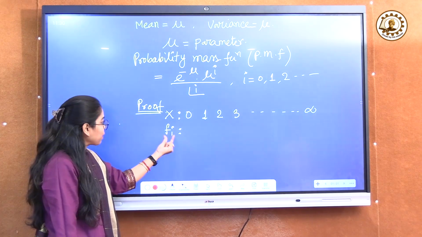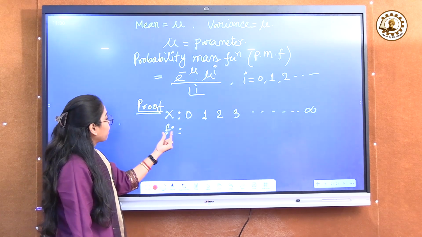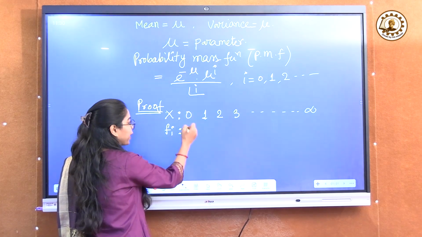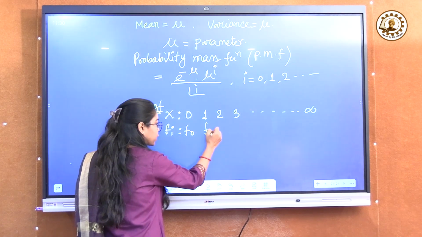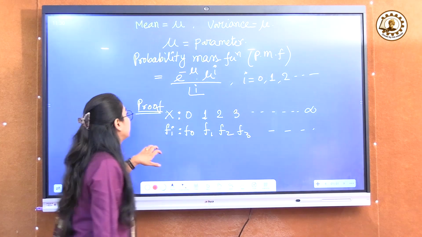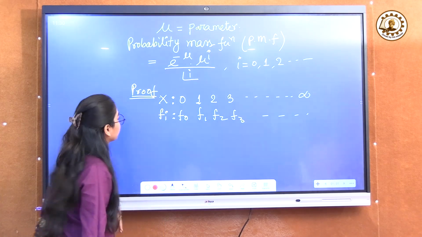And the PMF, this fi, is called the probability mass function: f0 with respect to 0, f1 with respect to 1, f2, f3. This form is called a discrete distribution.